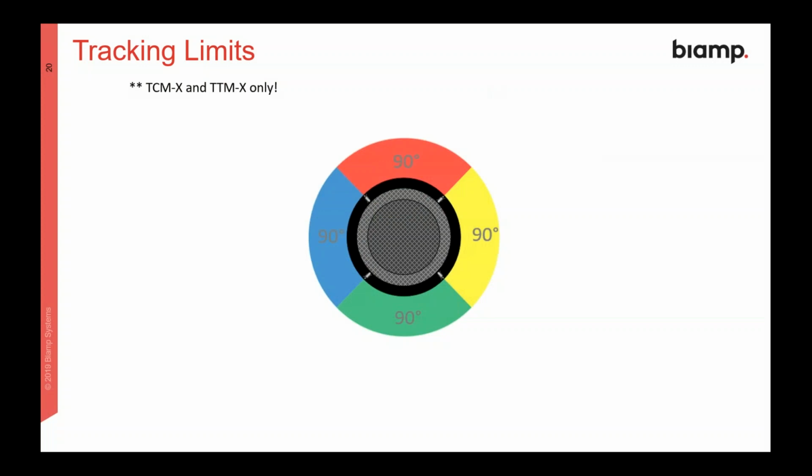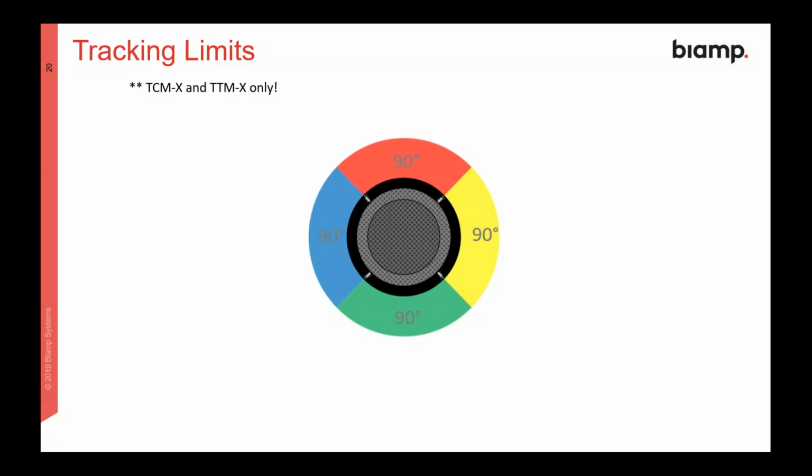So a TCMX and TTMX microphone, I like to describe them to people as 4 small, tiny microphones that are constantly moving inside this little puck-shaped object, and they're constantly turning to try to look at the person that's talking. So when it hears somebody talking, it points that microphone at someone as long as it's within that 90-degree arc.